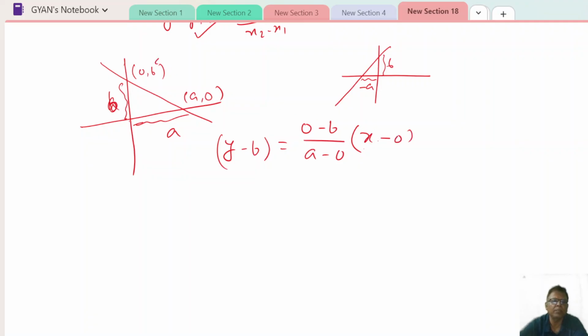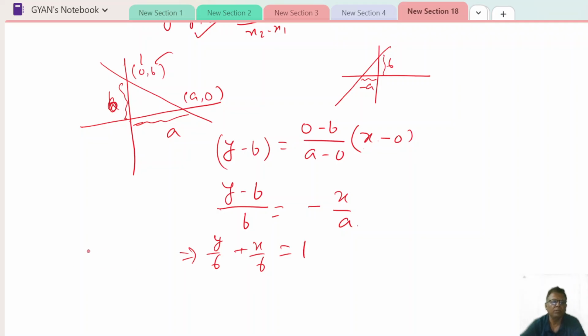Because you have taken y1 this one, so this you have to take. So what will happen? (y minus B) divided by B is equal to minus x by A. So y by B plus x by A is equal to 1. This is the fourth form.